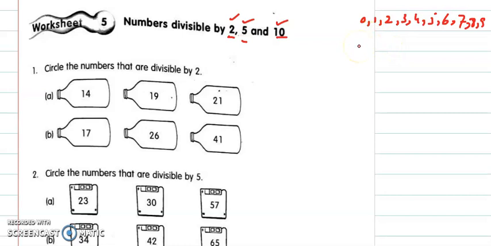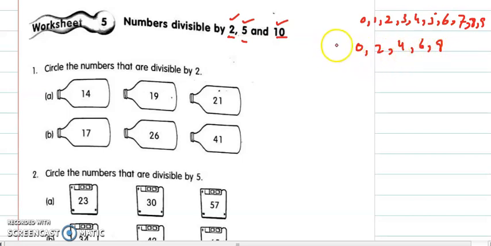Out of these numbers, numbers like 0, 2, 4, 6, and 8, if these will be the ending digit of any number, then we declare the number as an even number.